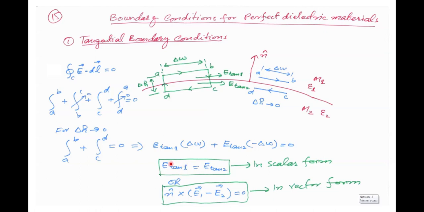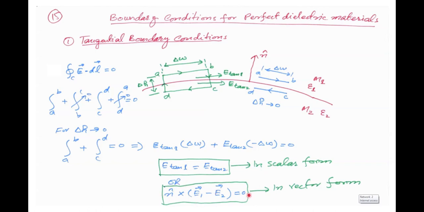That is, the tangential components of electric field across the boundary are continuous. The tangential component of electric field above the interface and below the interface has the same value. There is no change in the tangential component of electric field across the boundary. This is the representation of the tangential boundary condition in scalar form.